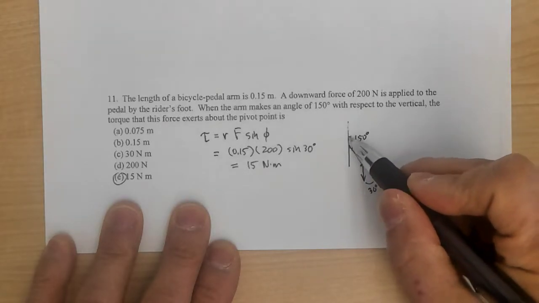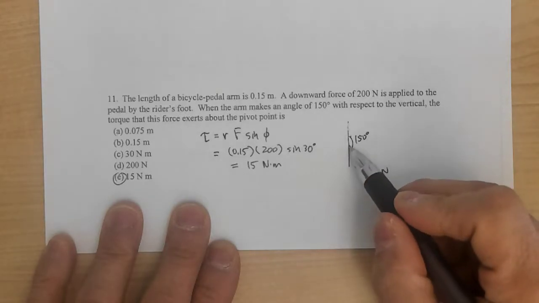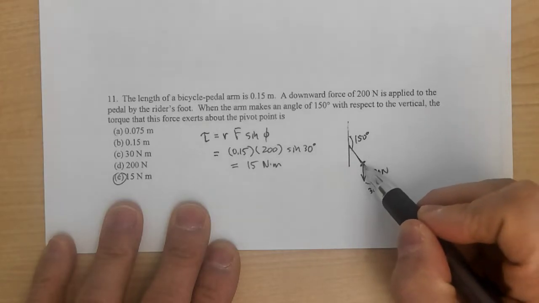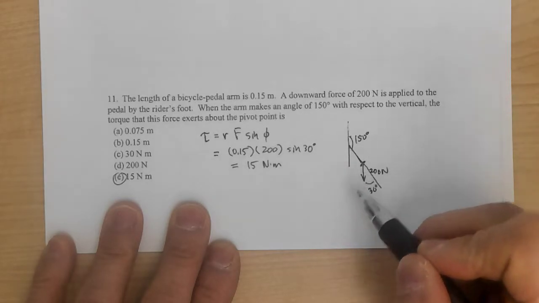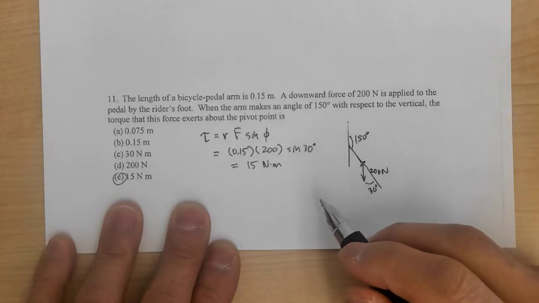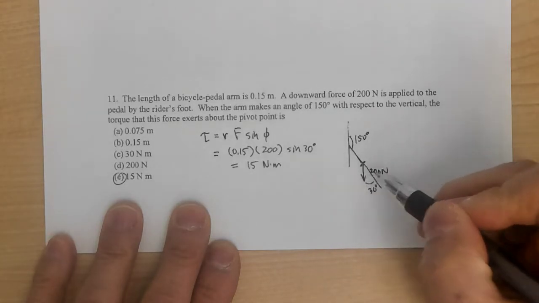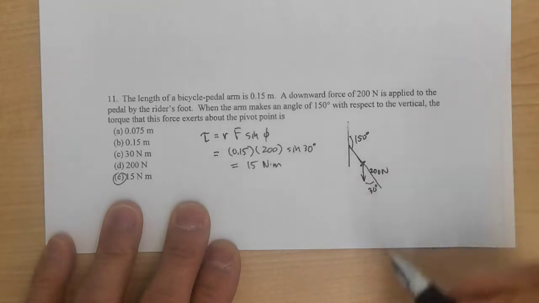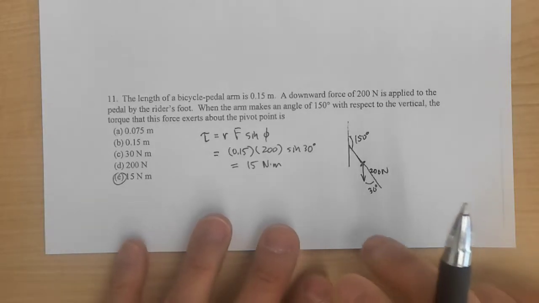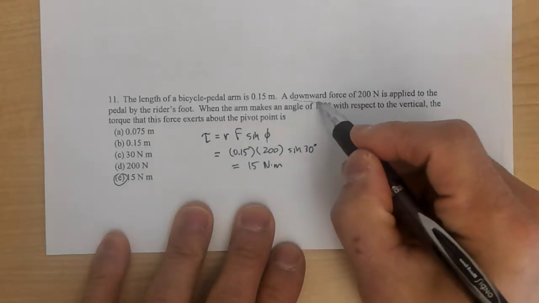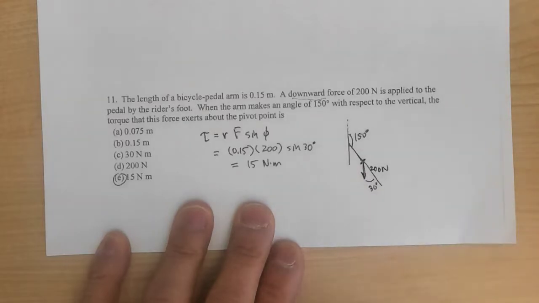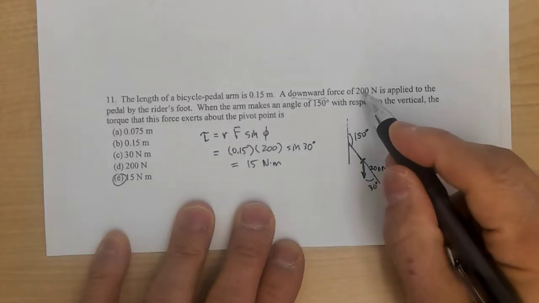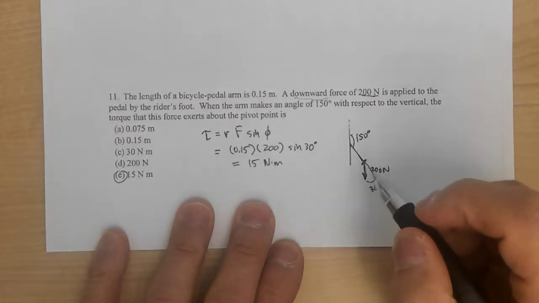It makes a 150 degree angle with the vertical. And so here's the pedal. So you're going to press with your foot in this direction here. By the way, downward means vertically downwards. Press with 200 newtons. And we want to know the torque.